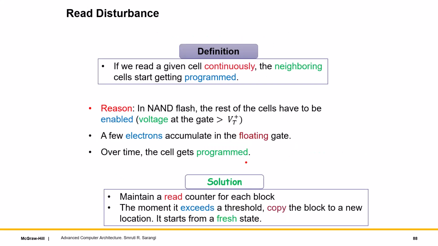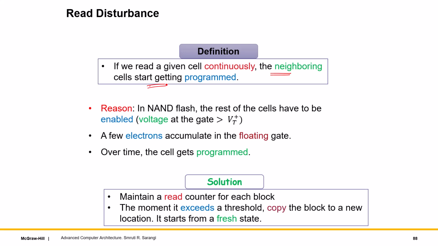There is something else that happens which is conceptually similar to wear leveling. It's known as read disturbance. If we read a given cell continuously, we just keep on reading and reading, then we are essentially setting the voltage to high and then reading. The neighboring cells, in a NAND flash particularly, because of the transition, start getting programmed.